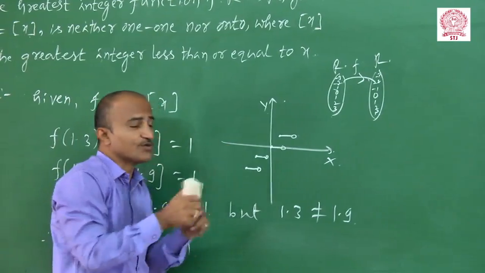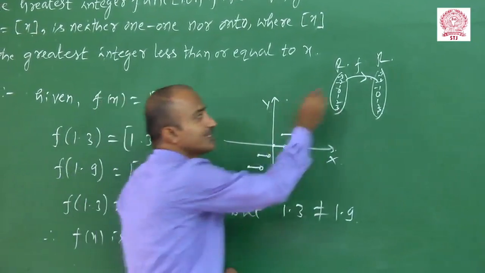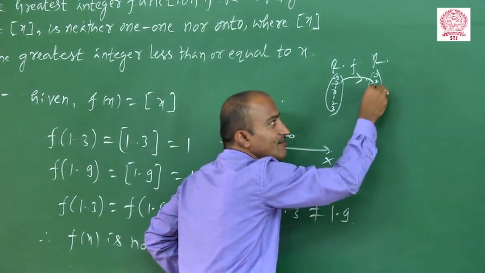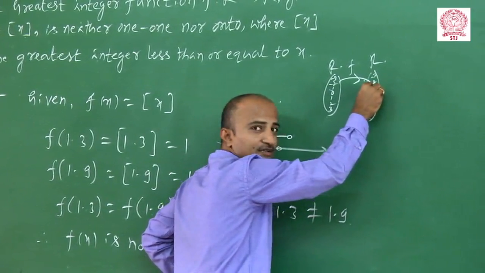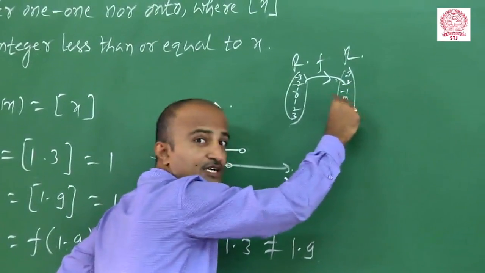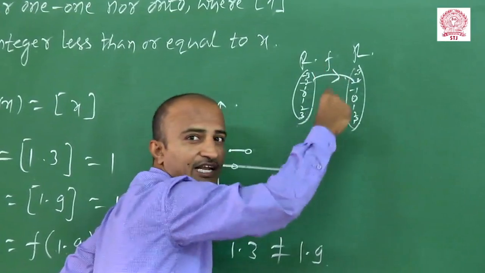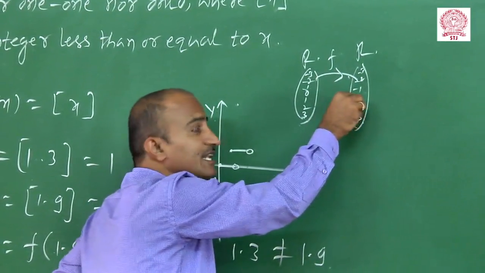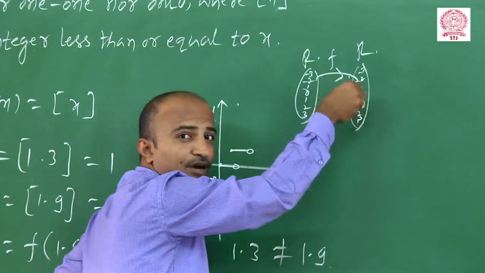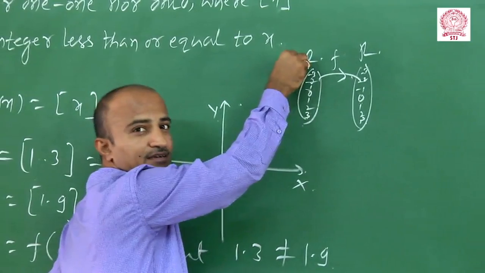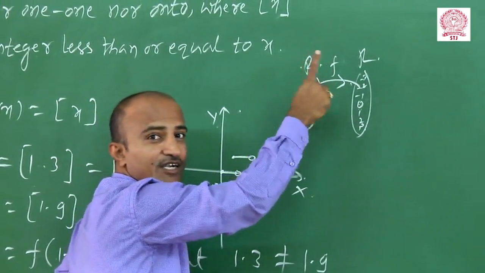Greatest integer means it maps only to integers. Between 0 and -1, or between any two numbers, there are infinitely many real numbers. So none of those real numbers, or p by q numbers, have any pre-images in the domain. Hence we say the function is not onto.